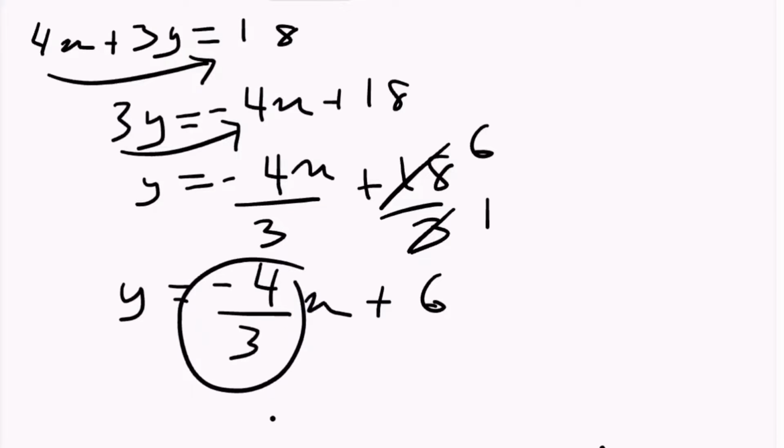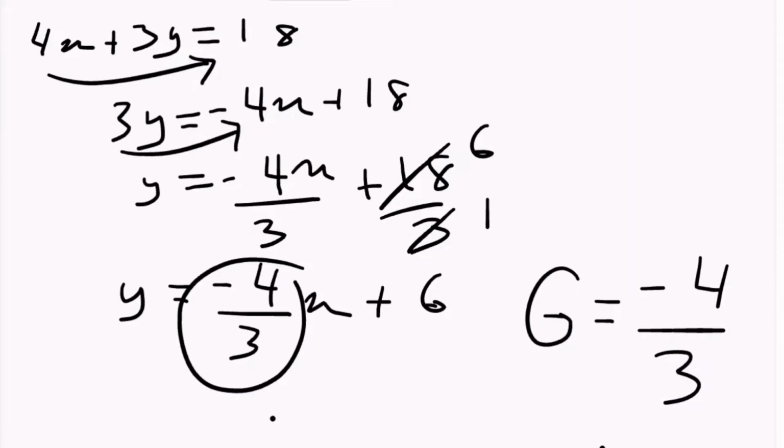So here, gradient equal to negative 4 over 3. Okay, next, we want to find the gradient for the straight line 2x plus hy equal to 20.